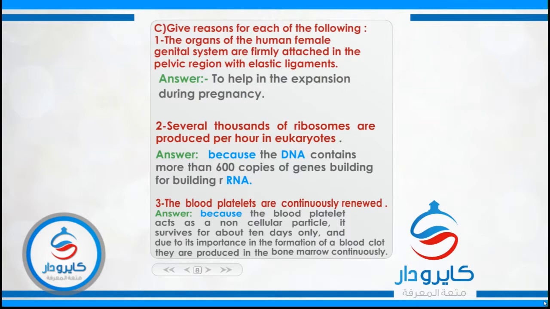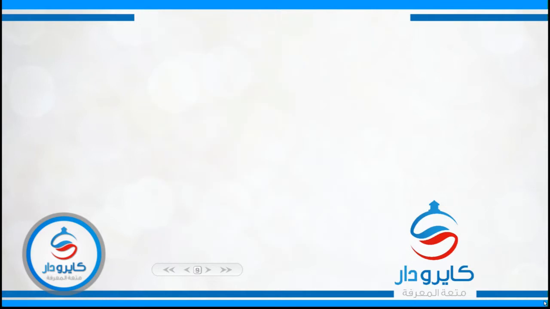The blood platelets survive for not more than about 10 days. So we need the production of a great number of blood platelets from the bone marrow, because of the importance of the blood platelets during the formation of blood clotting, and also because they survive for not more than 10 days only. So we need to produce blood platelets continuously. The next question.